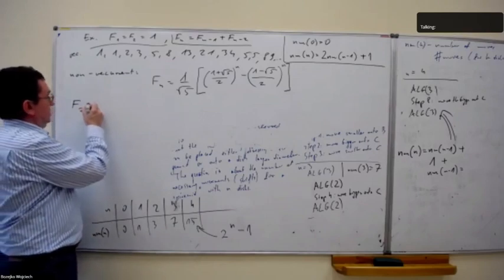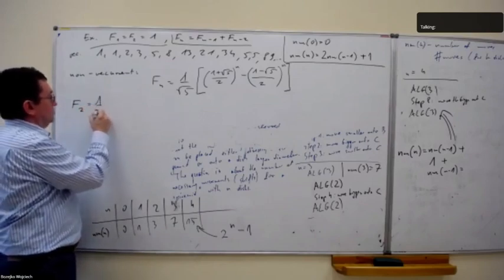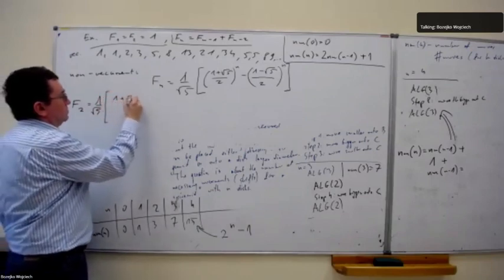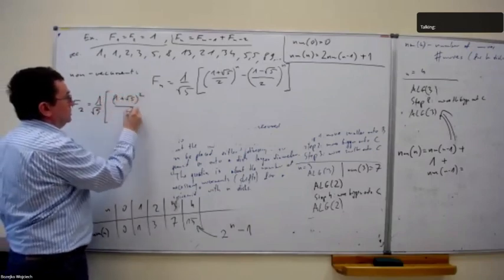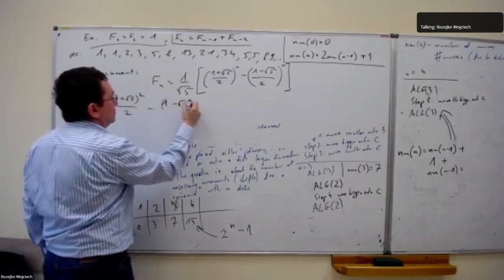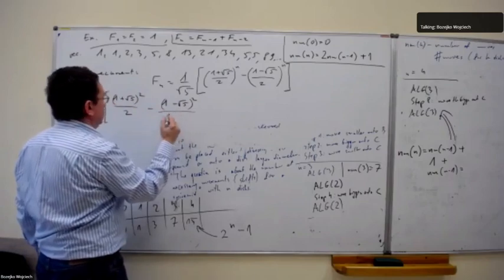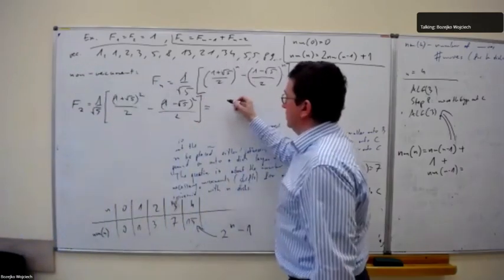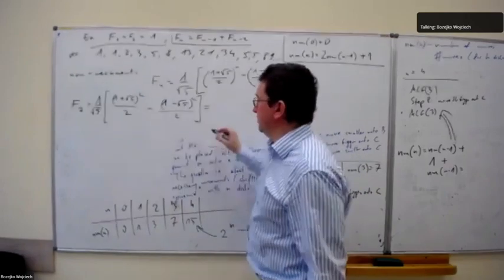So we have 1 by square root of 5, and now here 1 plus square root of 5 squared divided by 2, minus 1 minus square root of 5 to the second power divided by 2. Okay, so we can get the common denominator too.